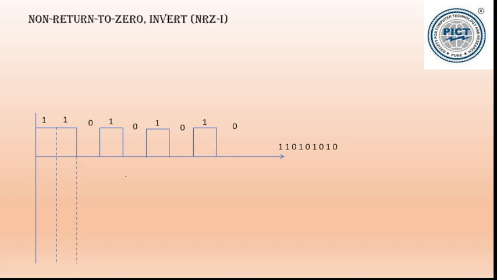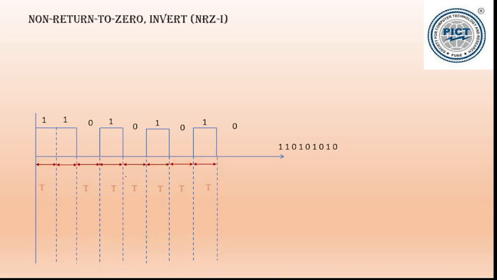Let us draw the propagation lines to indicate here the time period for each bit will be t seconds, and on the y-axis here it is plus V voltage for the bit you want to transfer. So 1 is represented by plus V, 0 is represented by 0, and then we will represent here the non-return to 0 invert line coding scheme.